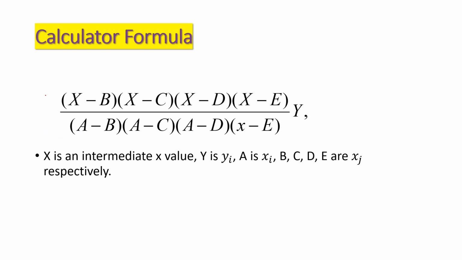So this formula, same as what is written in the books, is not only for that classic model, any model you can use this technique. This one actually calculates each Li multiplied with Yi, and this is for the fourth order approximation.